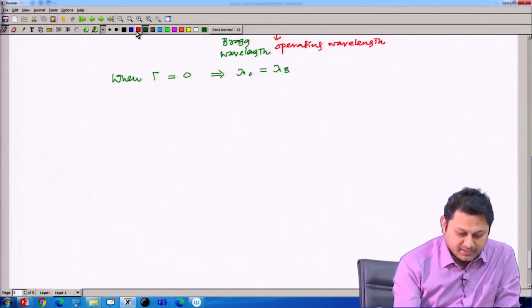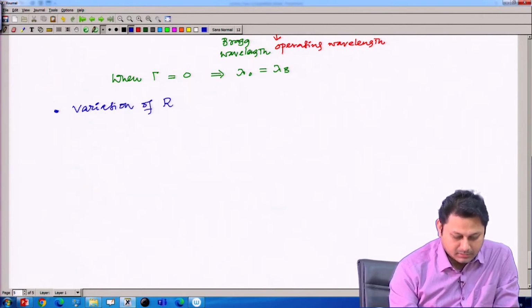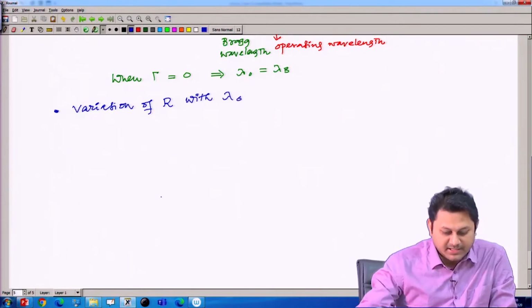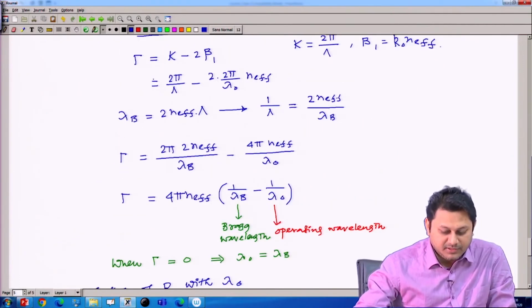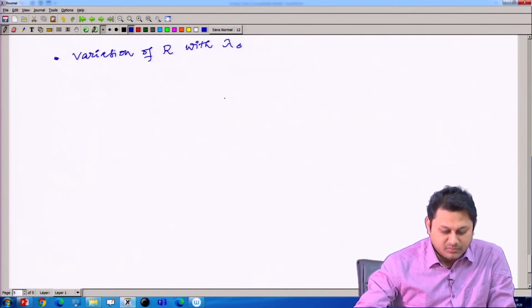So, let me write it here: the variation of R with lambda 0. We need to realize that the reflectivity we figured out here is going to change. Let me write it once again.